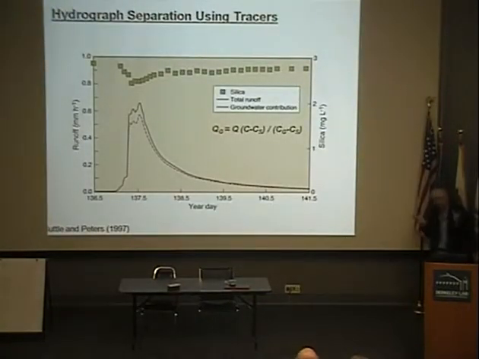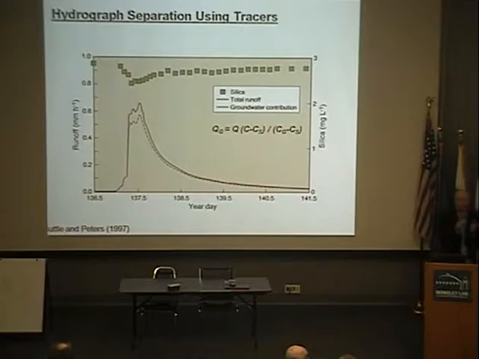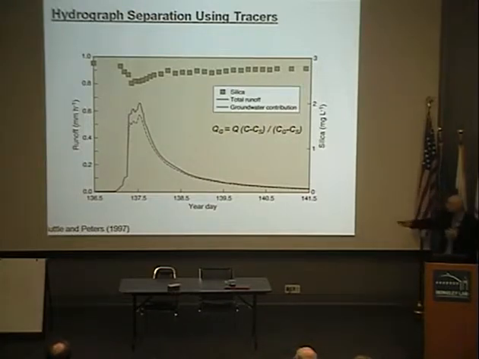Another method that I just want to mention briefly, and I'll come back to a little bit later, is that, since probably the 1960s, people have been doing hydrograph separation using tracers. This essentially involves measuring at a point along the river at a gauging station, measuring flow over time, and also measuring concentration of a tracer over time.